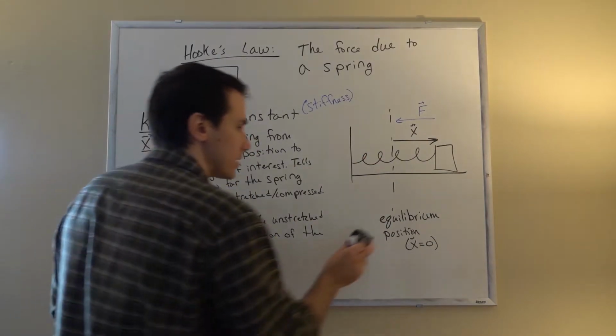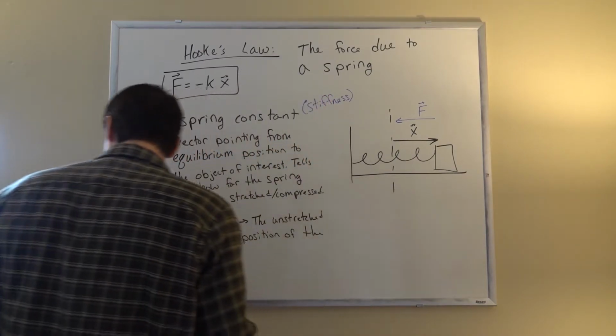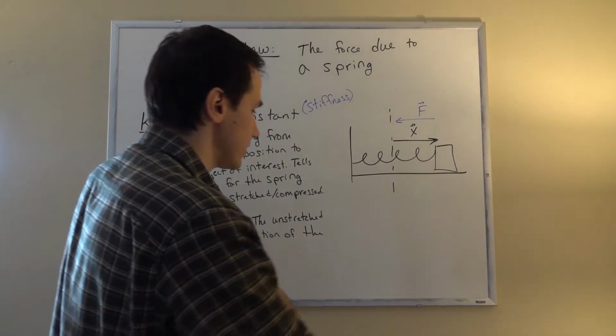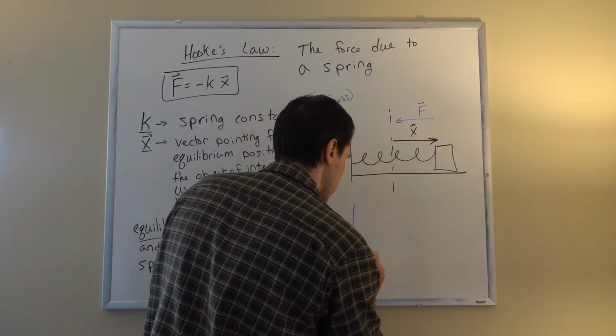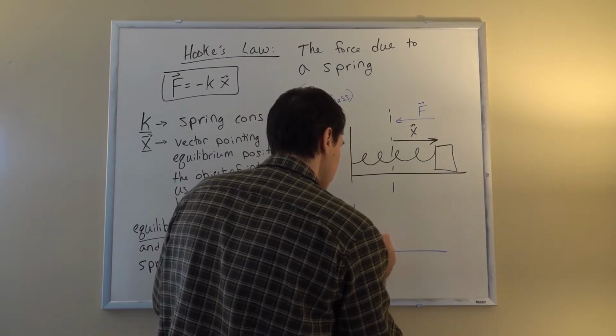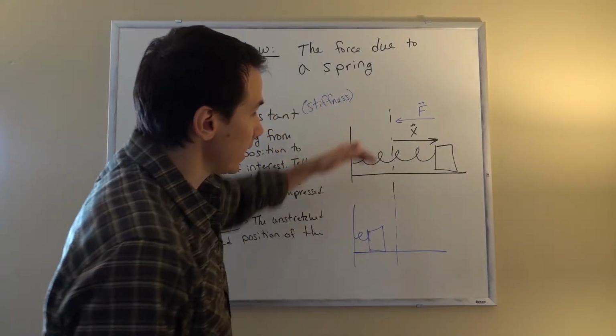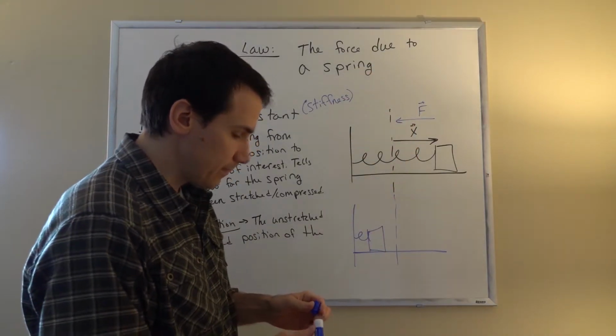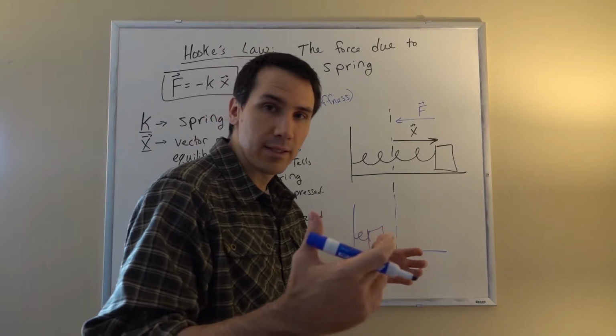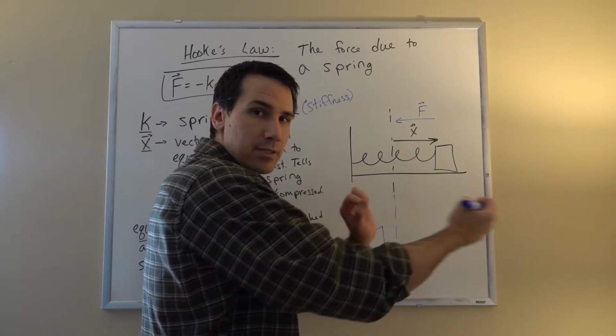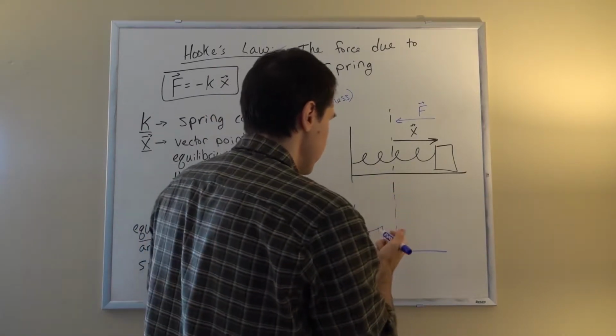If I erase here, I could think about a situation where I have the same object, but my equilibrium position is still my dotted line. Instead of being stretched, my spring is compressed, right?